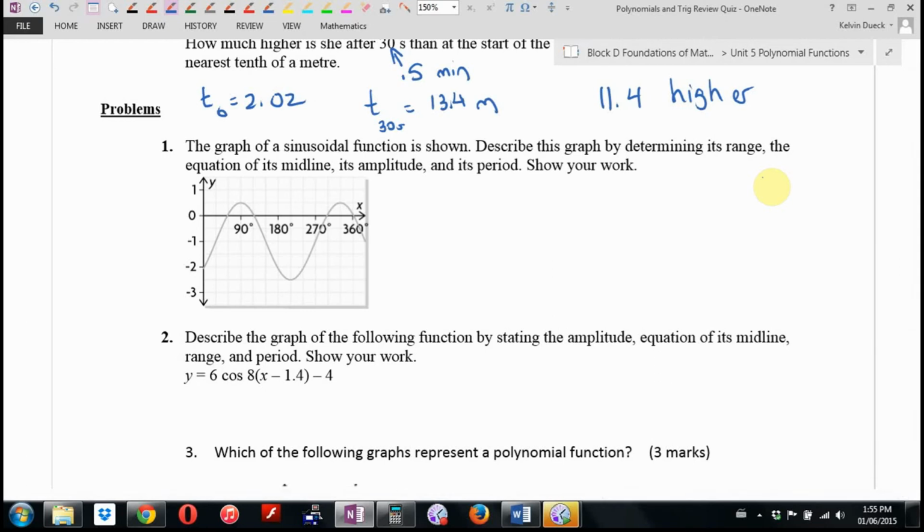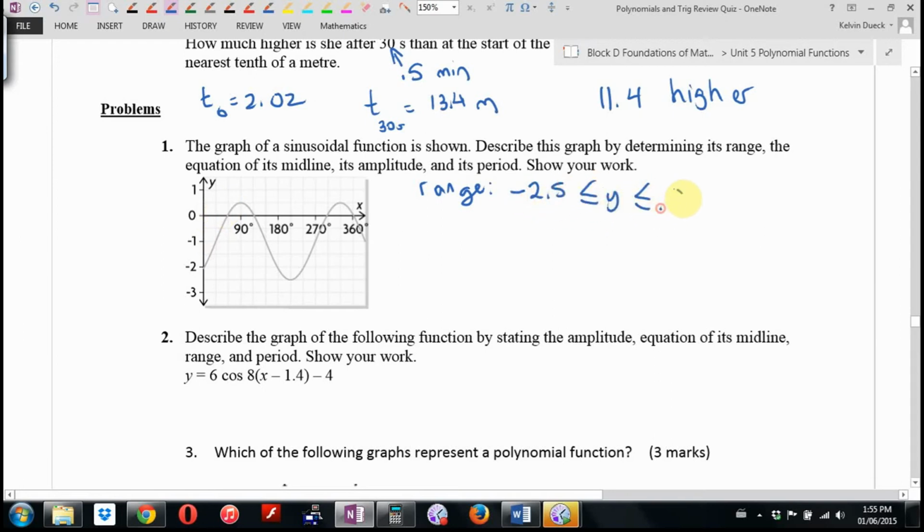Problem number 1. It says describe this graph by determining its range. Negative 2.5 to positive 0.5. The equation of its midline, y equals, well, it's going to be halfway between negative 2.5 and positive 0.5.